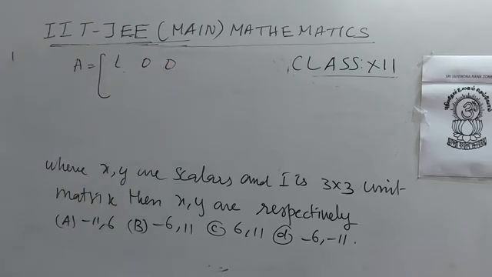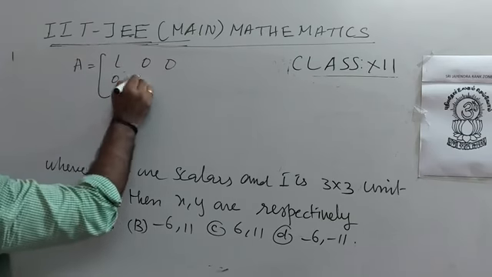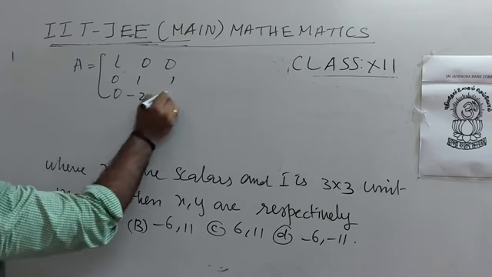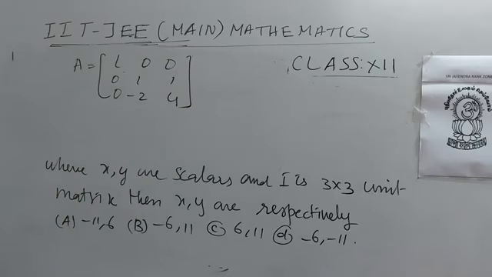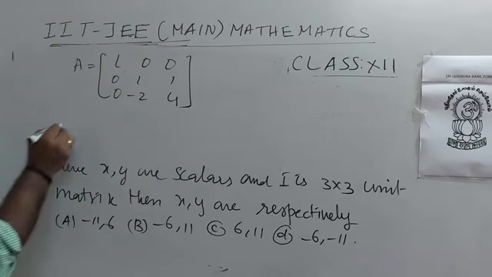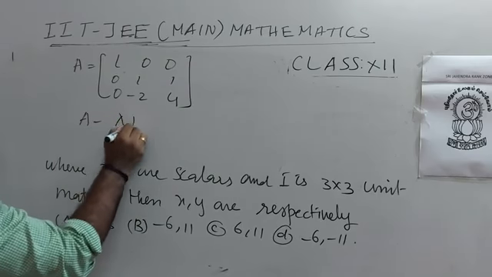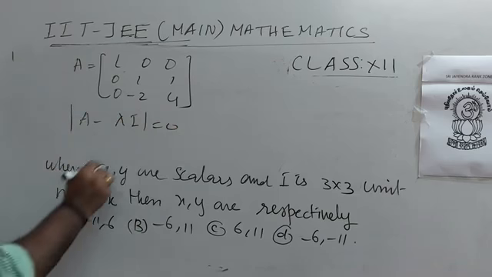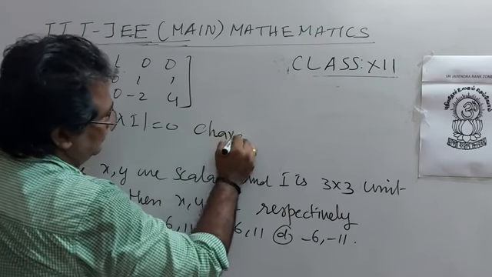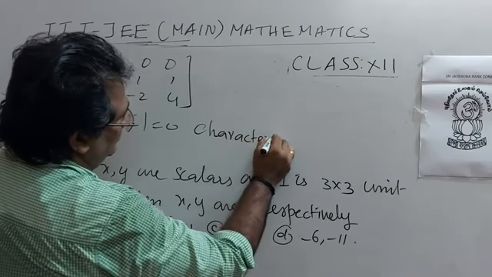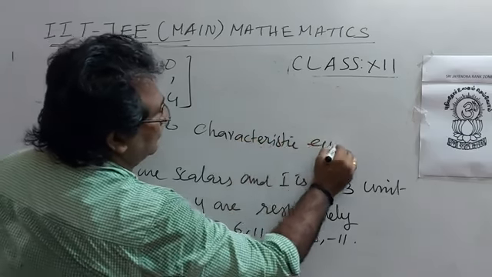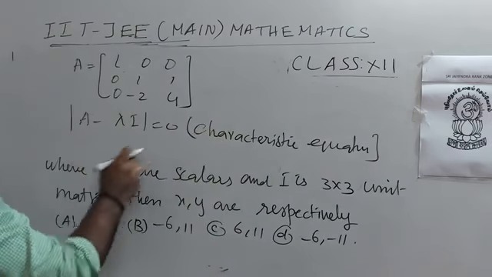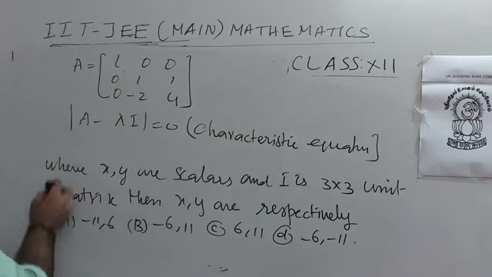The matrix A is [1 0 0; 0 1 1; 0 -2 4]. This is the characteristic equation: determinant of A minus lambda I equals 0.